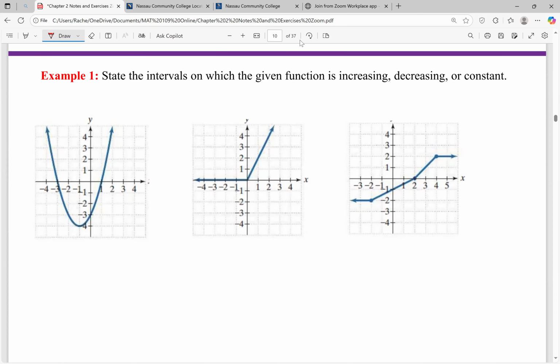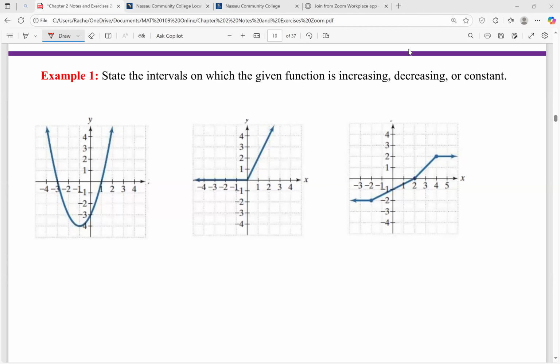So let's identify those. Let's highlight the portion of the graph that's decreasing in red. Let's write this decreasing interval first. So the function is decreasing, and notice coming in from the left, this graph is continuous.